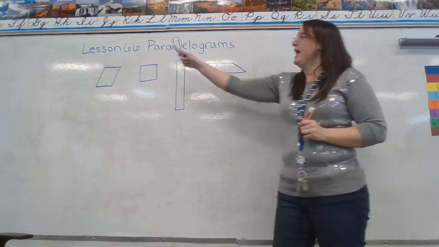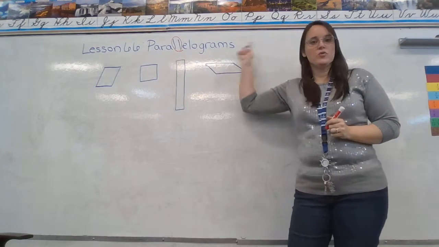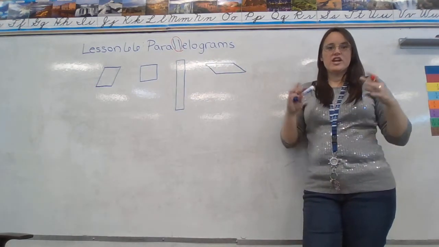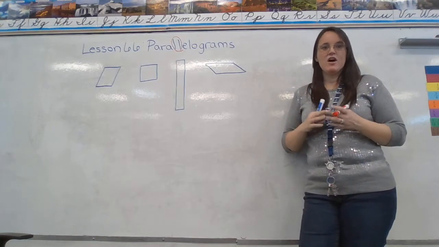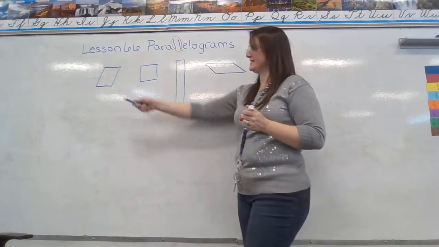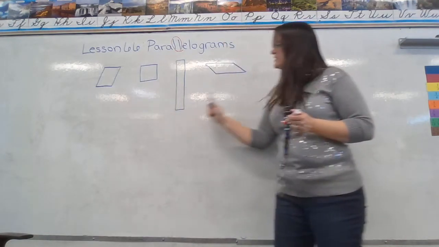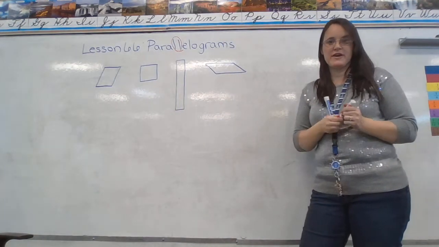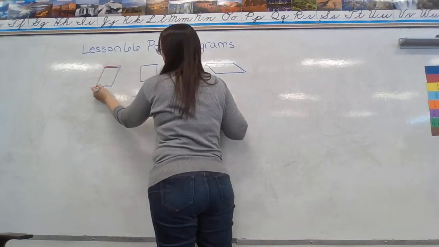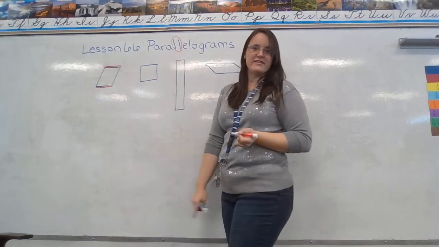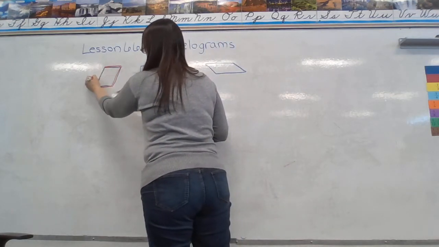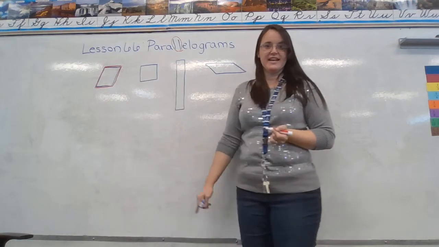So, a parallelogram is a shape in which the opposite sides are parallel. Always, all sets of opposite sides. So here I have some examples of parallelograms. You'll notice right here, there's a set of parallel sides, and then here is a set of parallel sides.